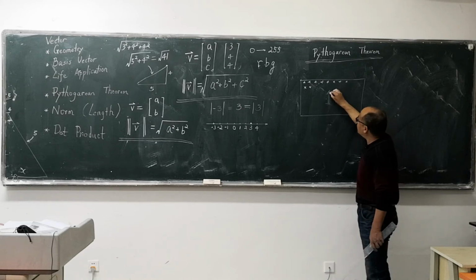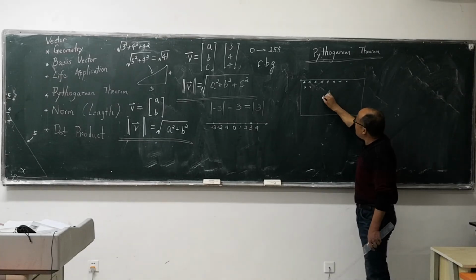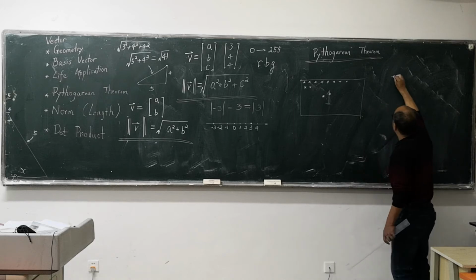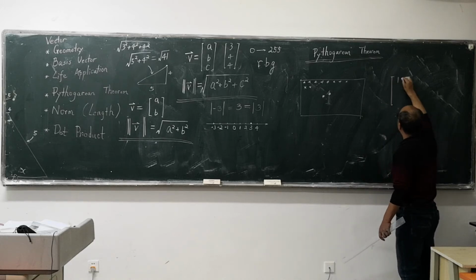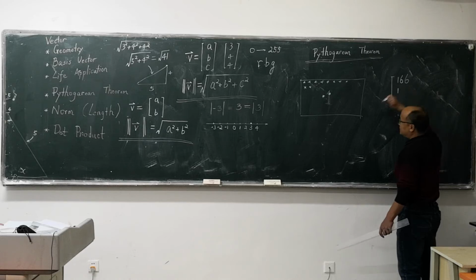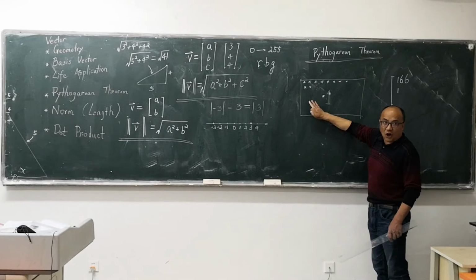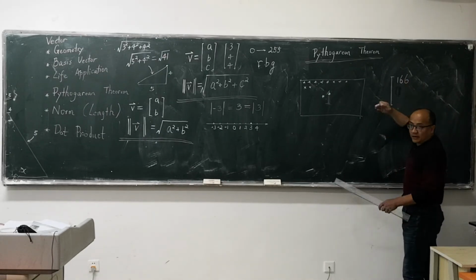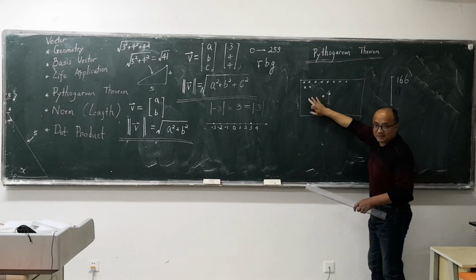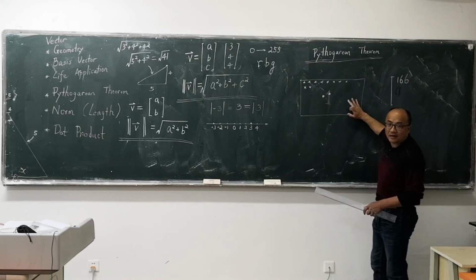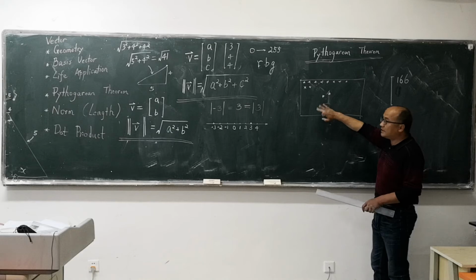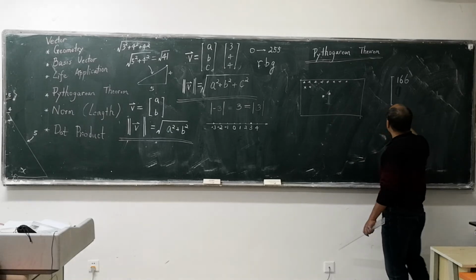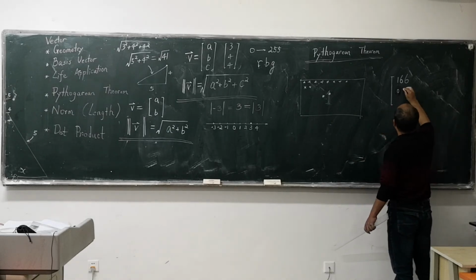So let's say this dot and the background dot. If the background is 166, it is not dark, okay? They set the background in some kind of color. They think that background is comfortable to human eyes. I don't remember.